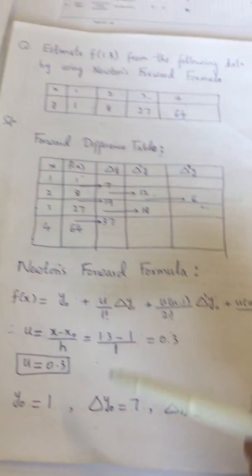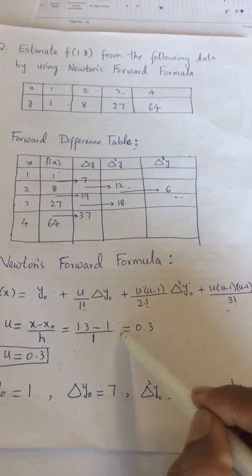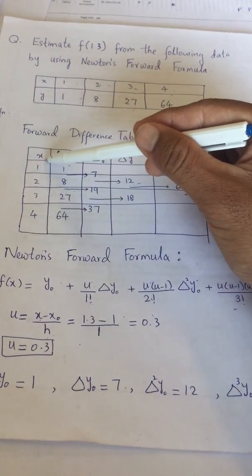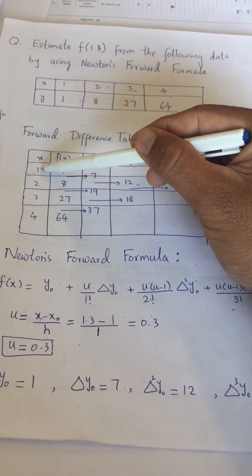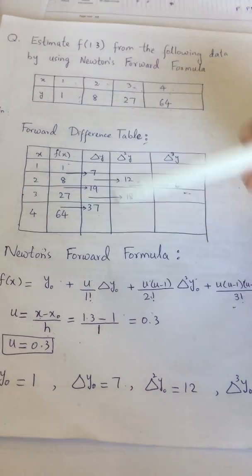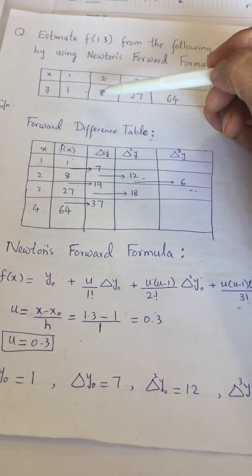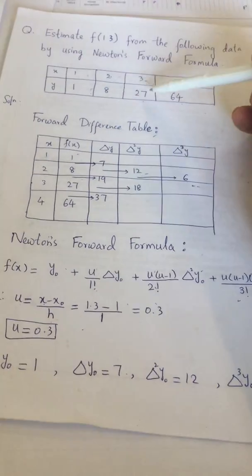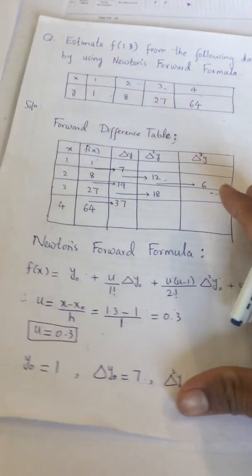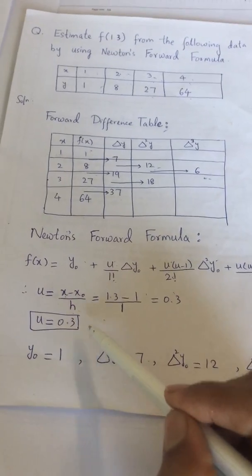So x is 1.3 minus x naught, which is the first value of x, 1. So 1.3 minus 1 over h. H is the difference interval, 2 minus 1, 3 minus 2, 4 minus 3. And we have u is equal to 0.3.